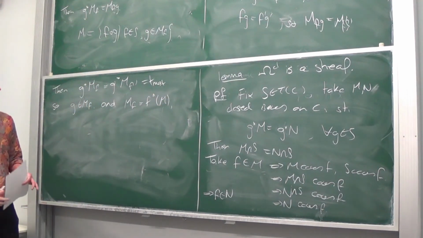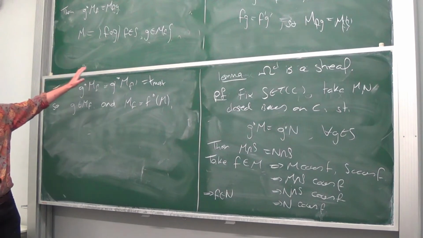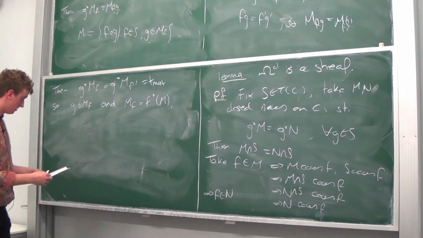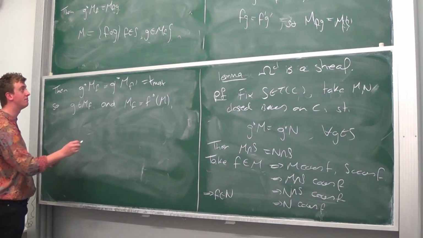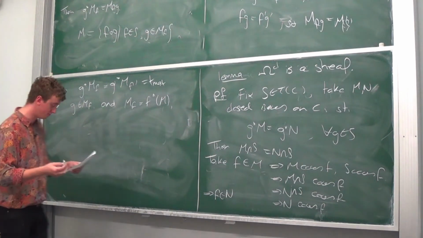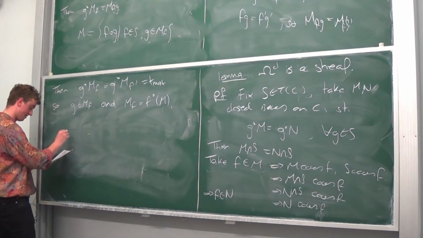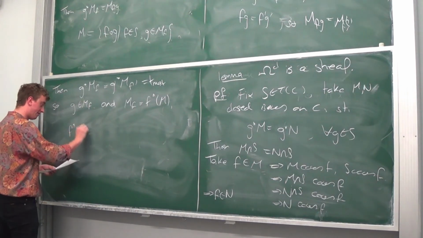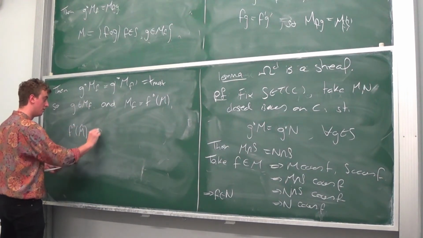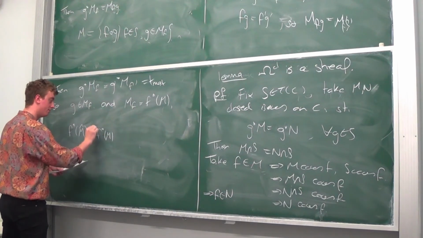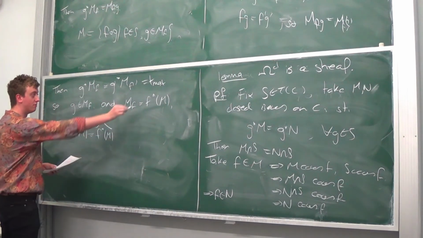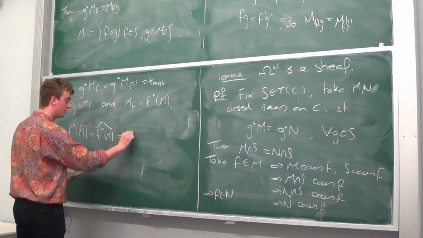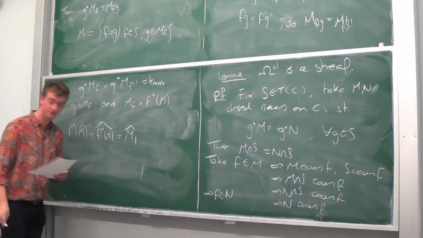Now we're not quite done, because as I remarked at the start, M isn't always going to be closed. But then, using the fact that pullbacks commute with closures, we have that f star of M hat is equal to the closure of f star of M. And now from this, we know that this is equal to M_f hat.